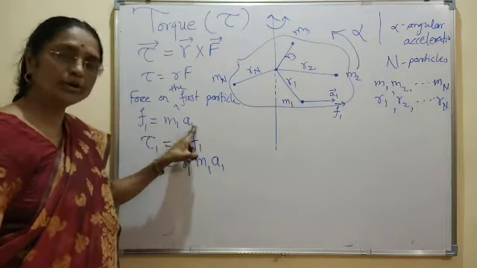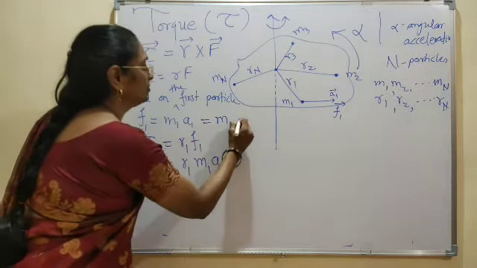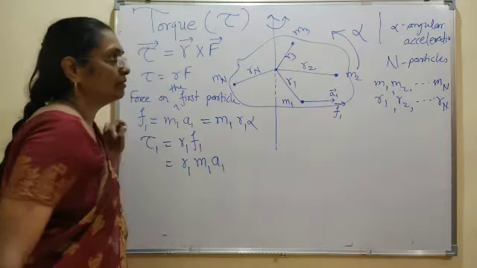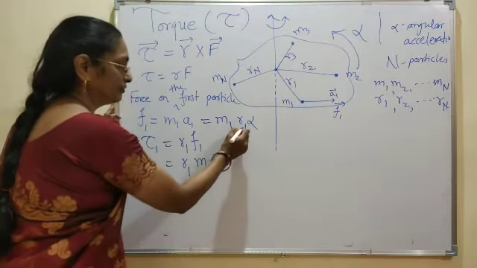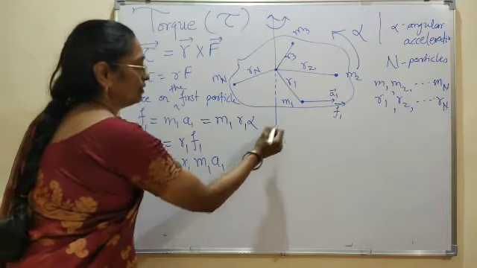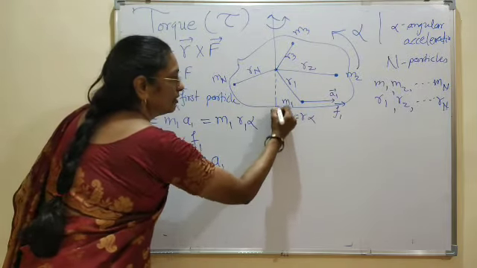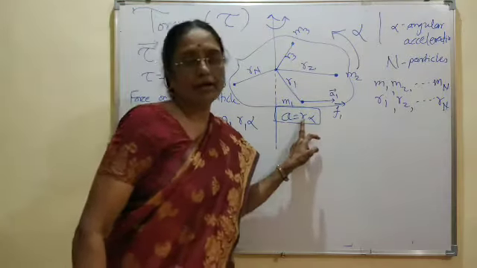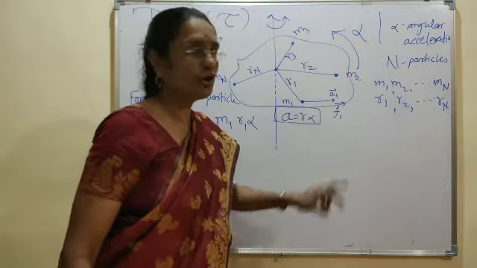F1 is equal to m1 a1, but this a1 is related to alpha as r1 alpha. Tangential acceleration is r into alpha. Here we have to take this basic relation: tangential acceleration a is equal to r alpha.